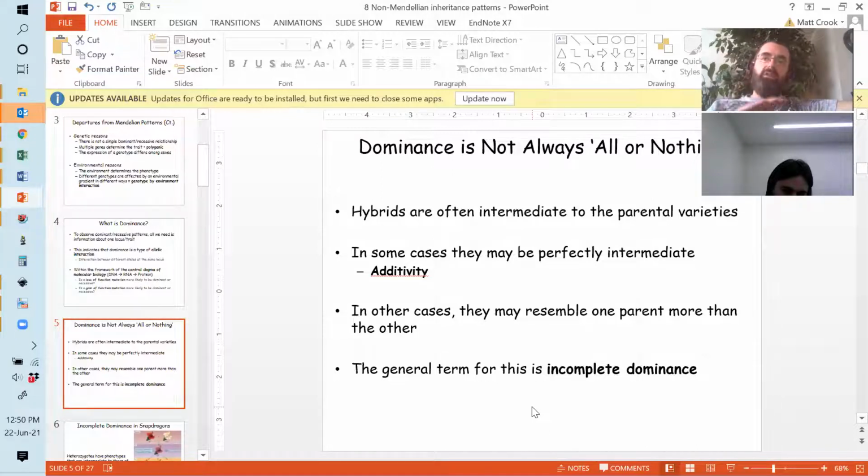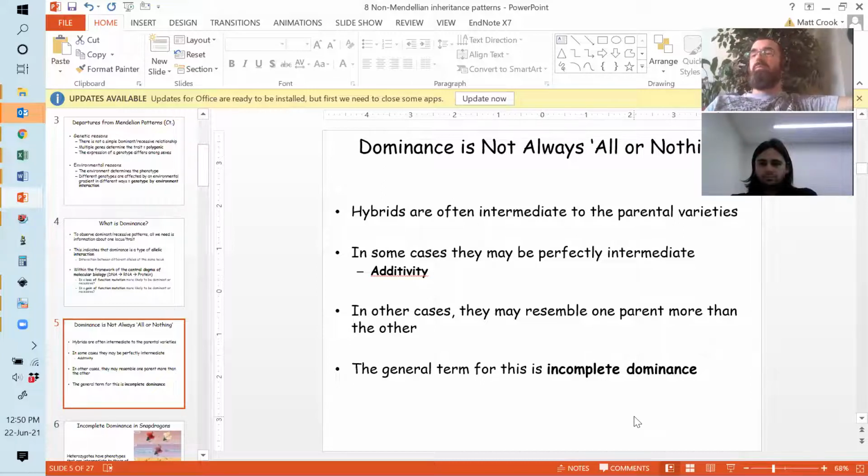If you have no function at all, you have a certain phenotype. If you have a little bit of function, you have a partial phenotype. If you have more function, then you have the full phenotype. This is what's called incomplete dominance, and it's very common in pigmentation-based traits.